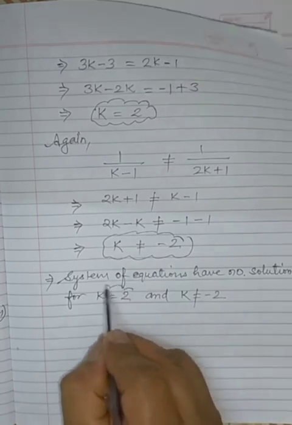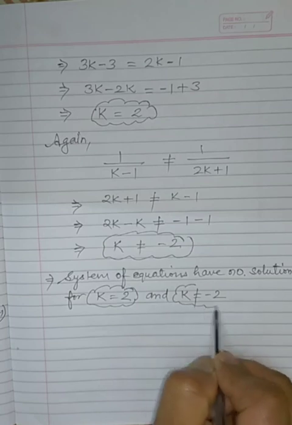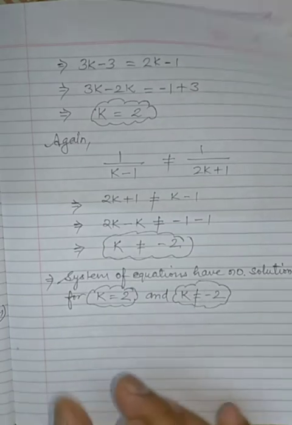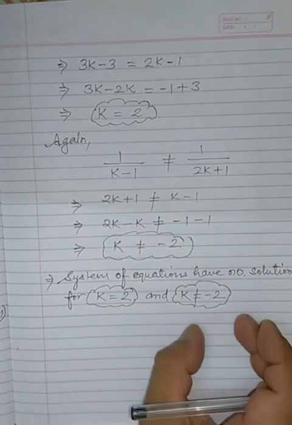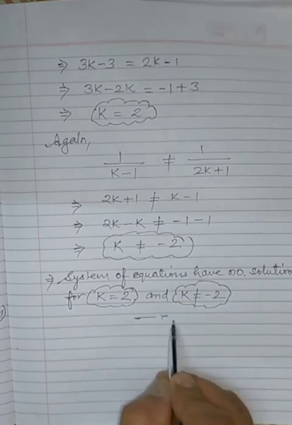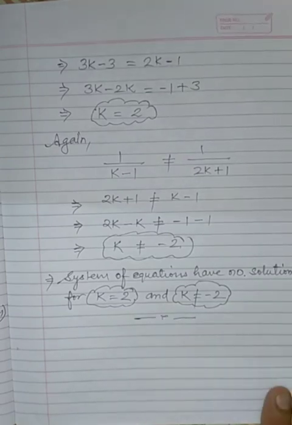So these are the two conditions we have to satisfy for no solution, one for equal to and one for not equal to. Okay? This way we can solve the questions of no solution.